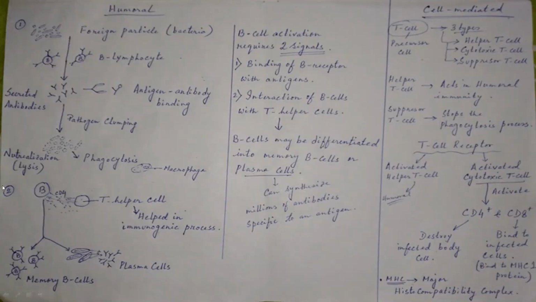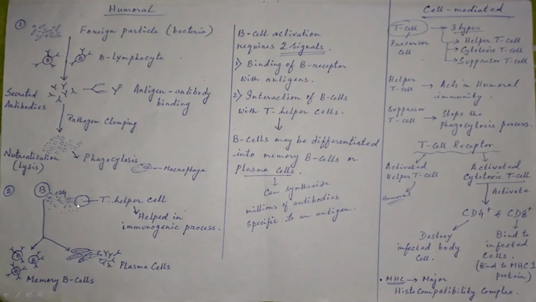So now this B cell starts releasing CD4, and the T helper cell helps in the immunogenic process. Helper means it helps the others. So now T helper cells join with B cells.